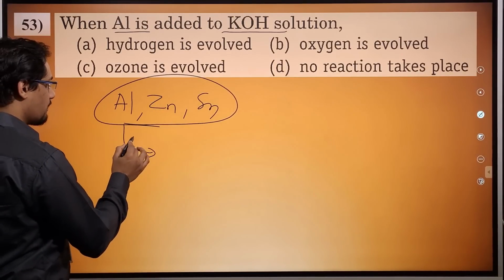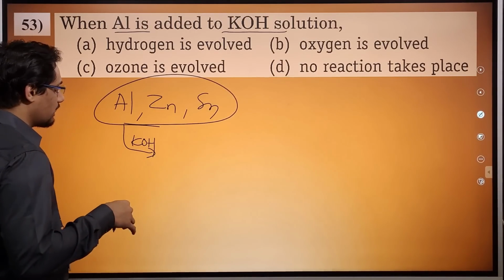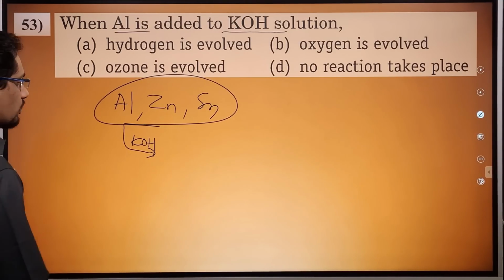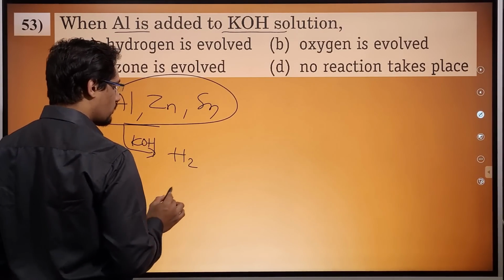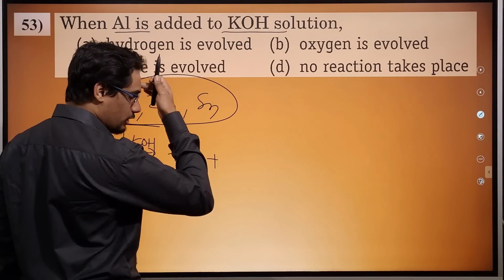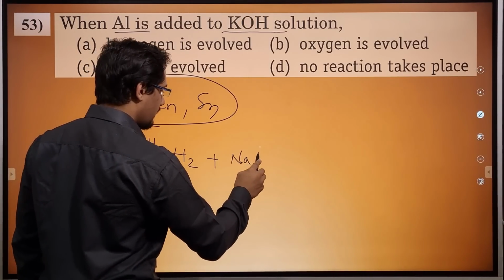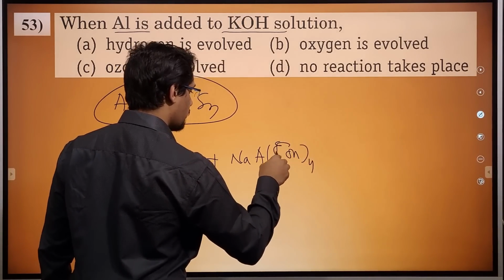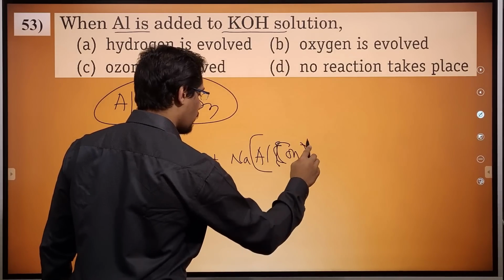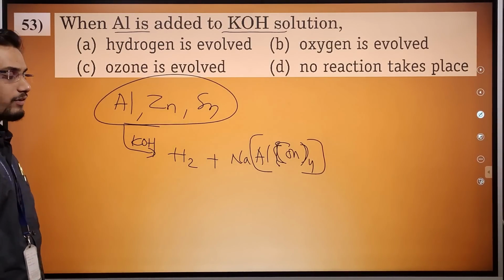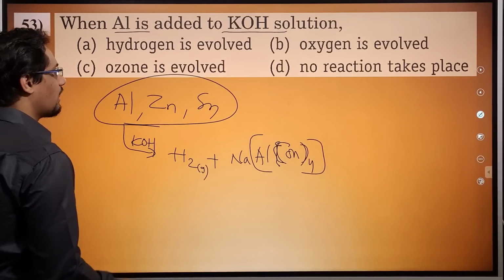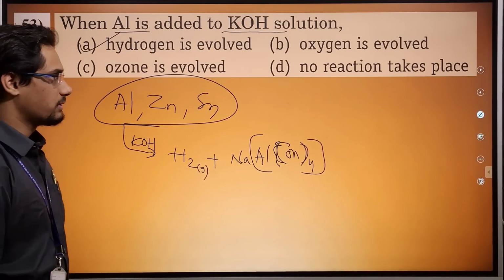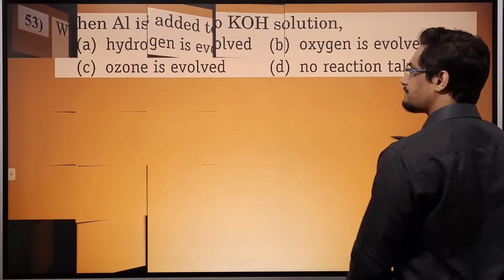Aluminium reacts with base to liberate hydrogen gas plus the corresponding aluminate. It is not balanced. It liberates hydrogen gas. So hydrogen gas must be evolved.